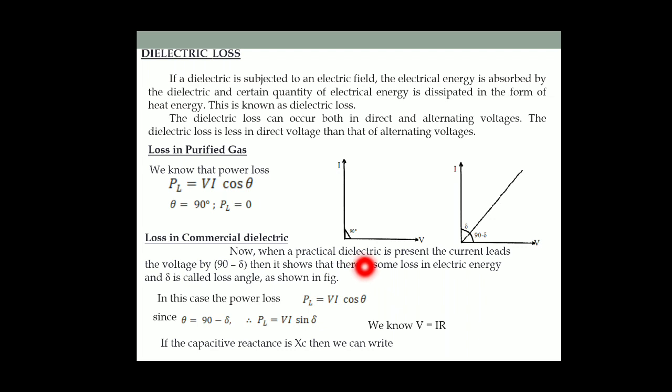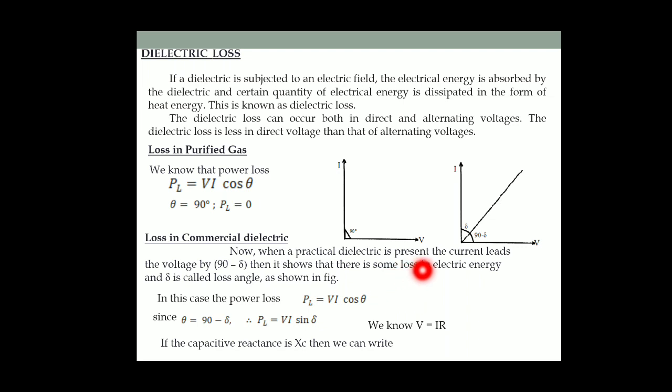In this case, the power loss is equal to VI cos theta, where theta is equal to 90 minus delta. Therefore, cos(90 minus delta) is equal to sin delta. Therefore, power loss is equal to VI sin delta.